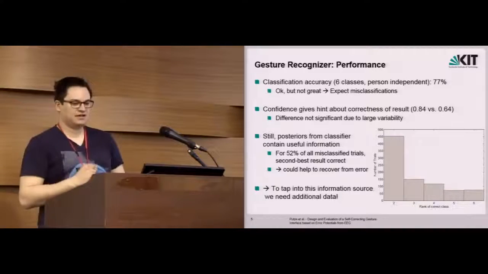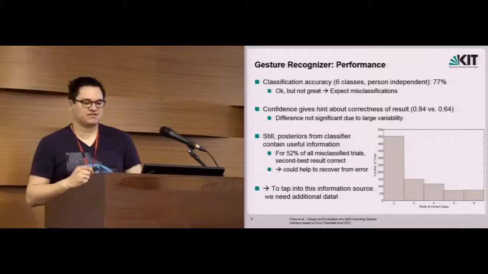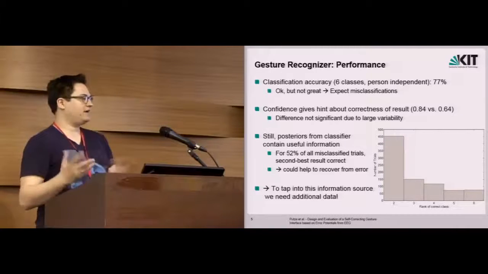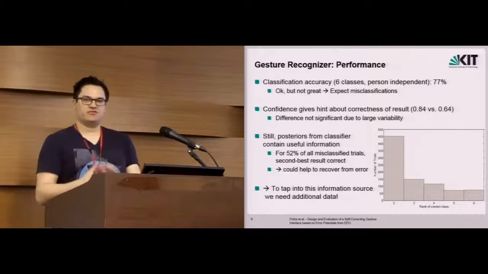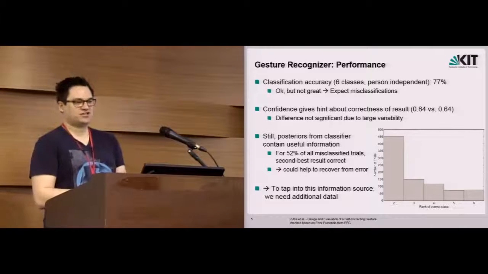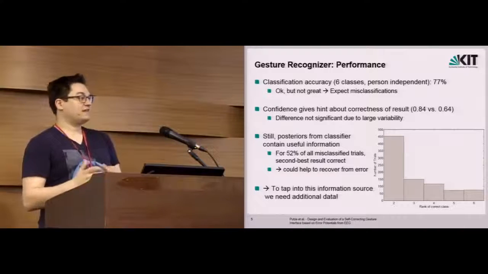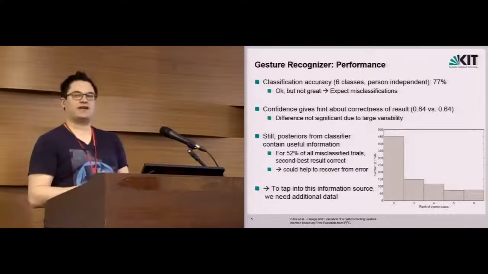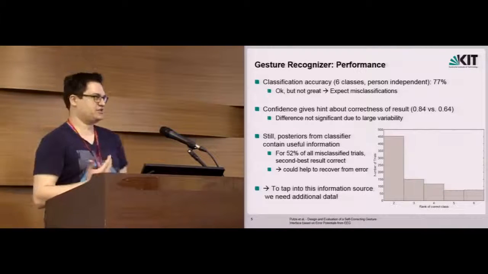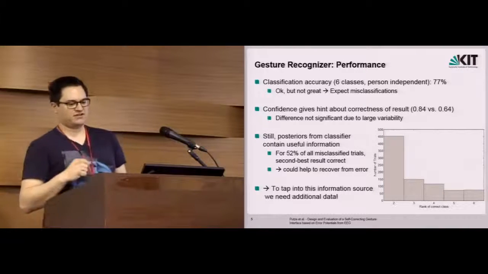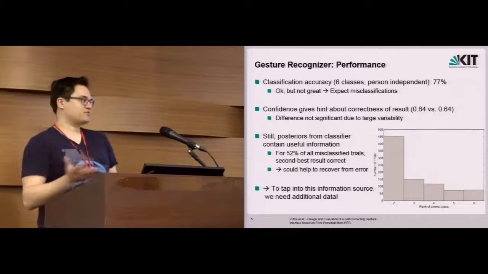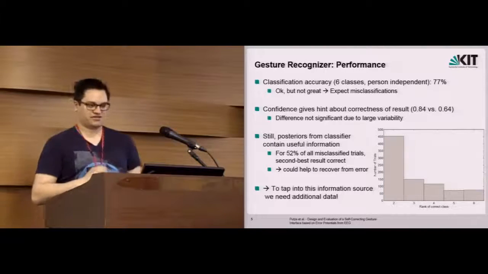We then first looked into the confidence scores to see whether they help us to distinguish correct from incorrect classifications, and we see that they give a hint on that. For correct classifications, the confidence was a little bit higher, but the variance was so high that this difference was not significant.